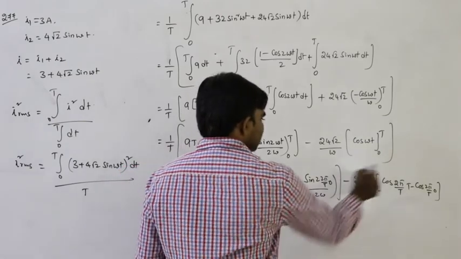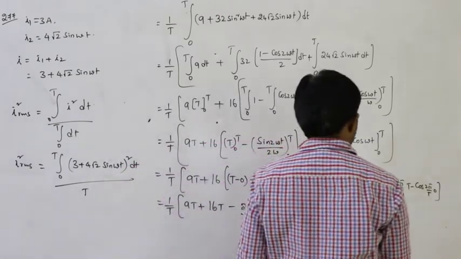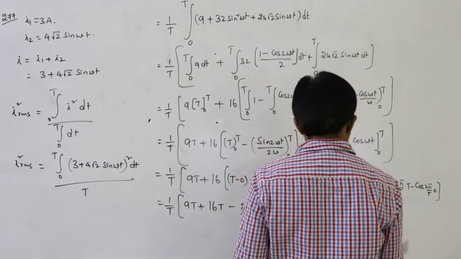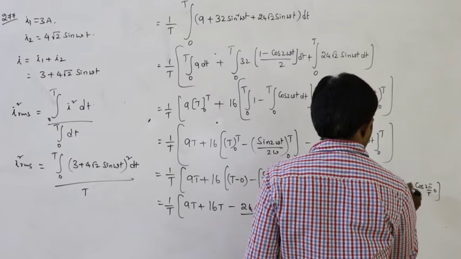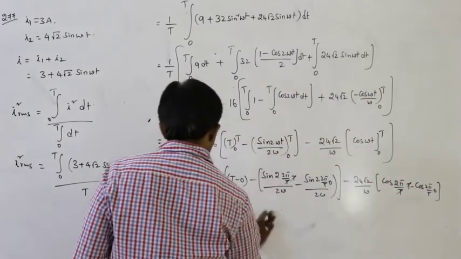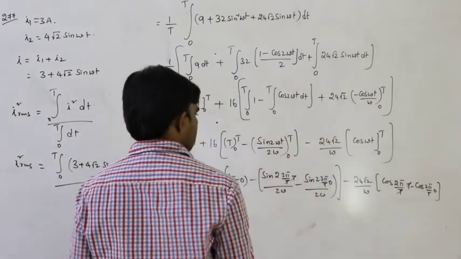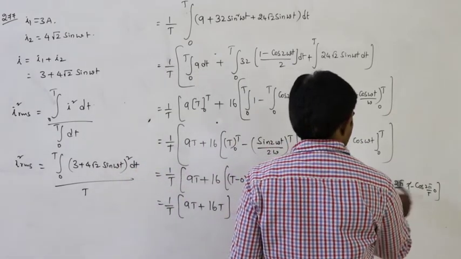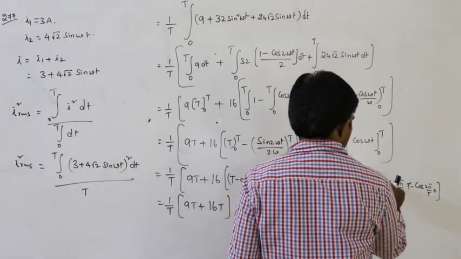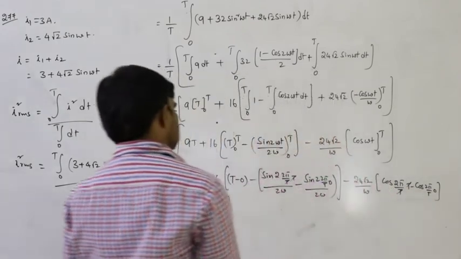What is this value? T cancels, sin 2 pi is 1 minus 1, it is also 0. Cos 2 pi by T into T, cos 2 pi is 1, cos 0 is also 1.